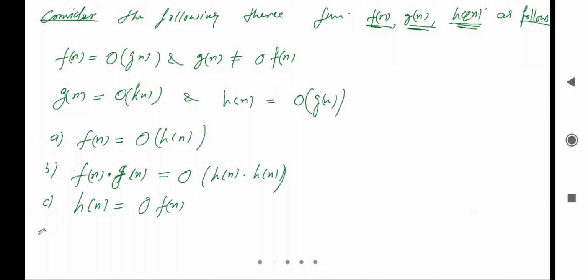And option D: f of n plus g of n equals order of h of n plus h of n. Which one is true in this case?